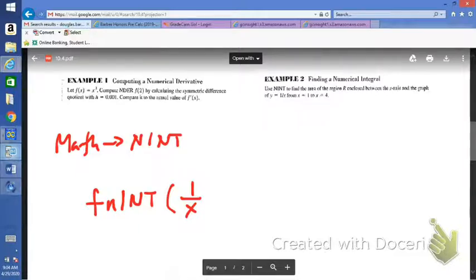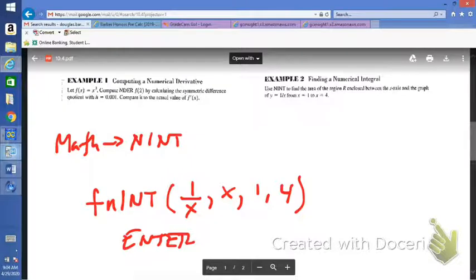So it's function, followed by a comma, and then your variable, followed by a comma, then your lower bound, followed by a comma, and then your upper bound. And then you hit enter and get your answer. Alright, so you got to memorize that order, which stinks. But it still beats having to do it by hand.